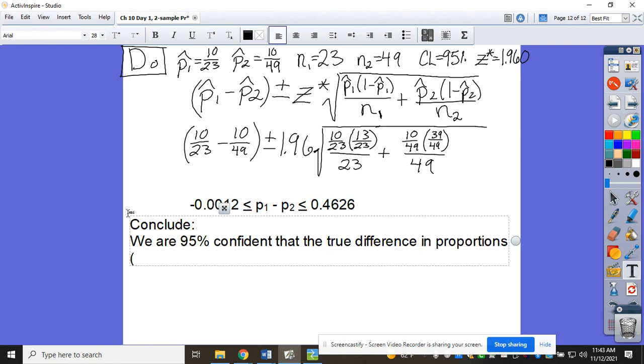What do I have to write? P1 minus P2. Then what? And I could write this as a decimal or a fraction or percent if I wanted to. I'm not going to with this one.